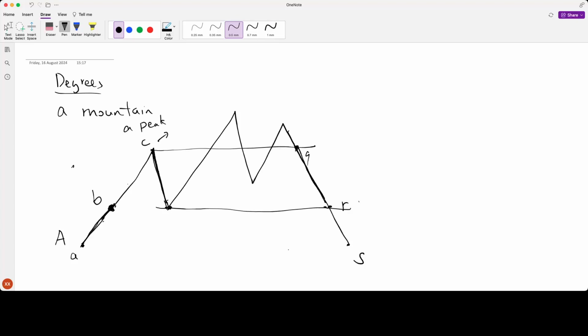For example, this is D. So when the first person goes from point C to point D, the second person must return from point Q to point R. And then when he keeps going up, he can go up again. So maybe at this point, when the first person arrives at E, this guy returns to Q again. Okay, this is clear. So this is the only way.